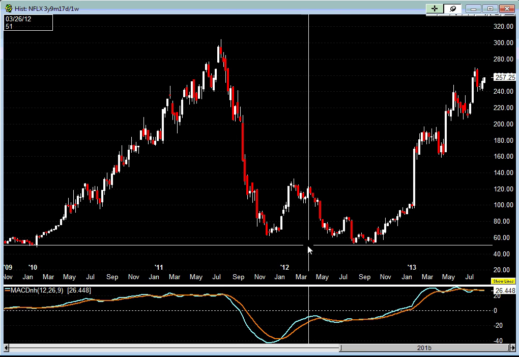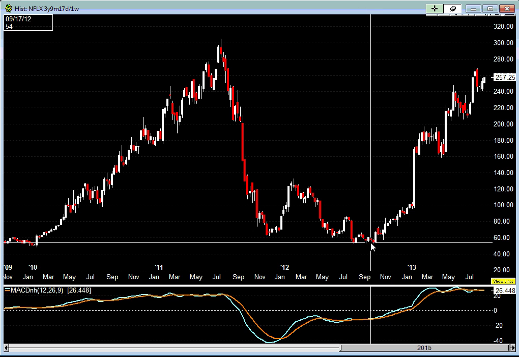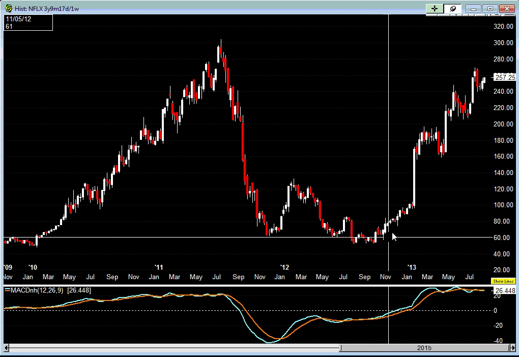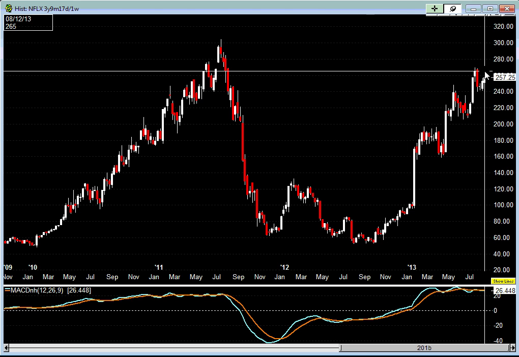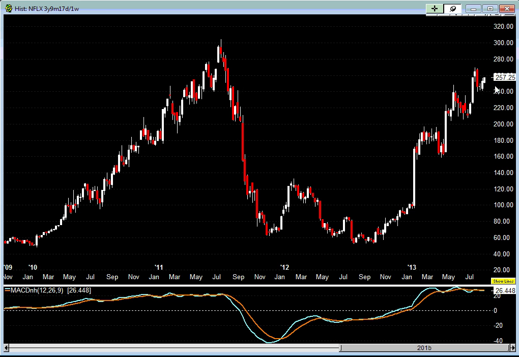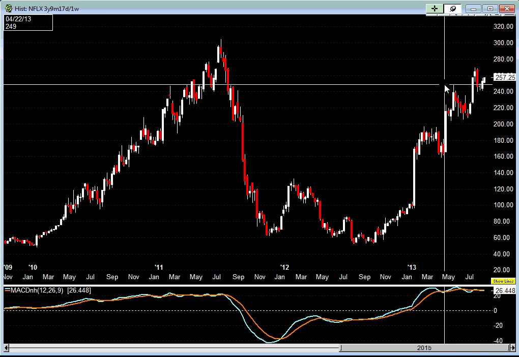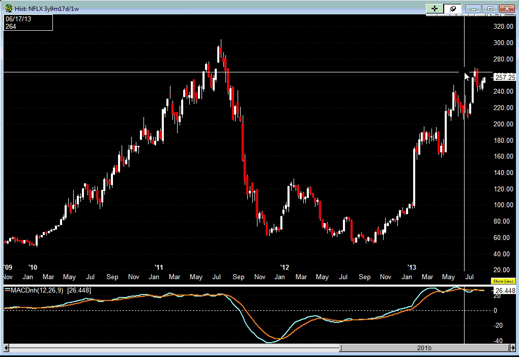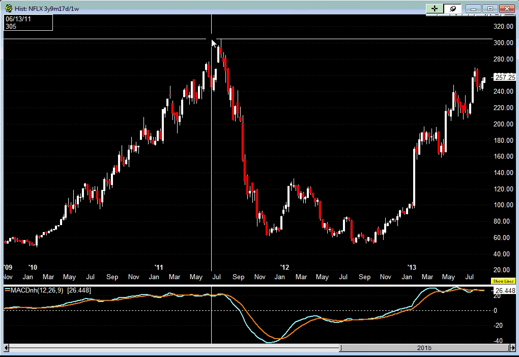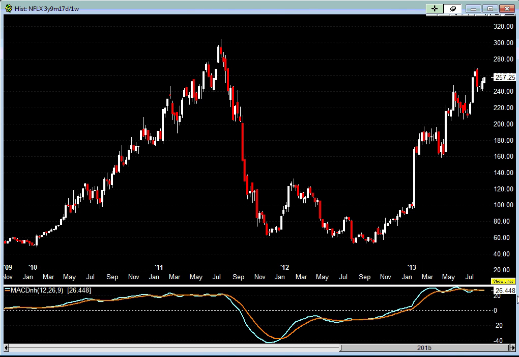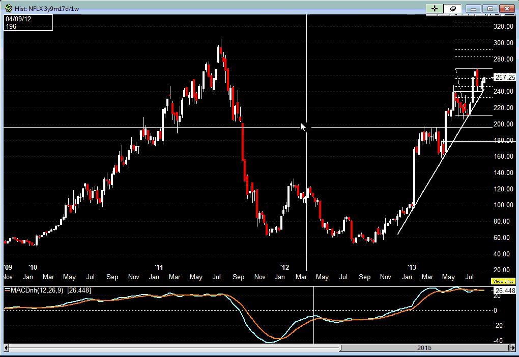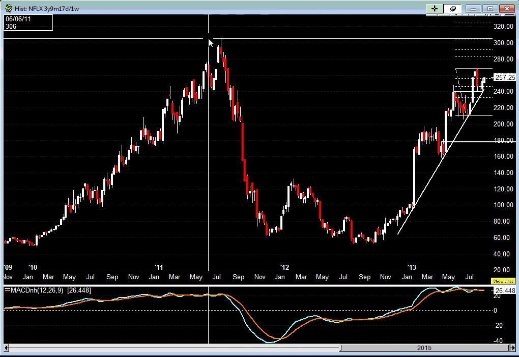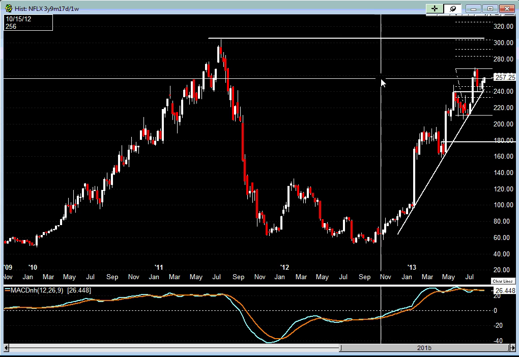Ever since it made a low back in 2012, it came up and continued to defy all the short sellers and just squeeze them as it goes up. And right now it seems like it's setting up another short squeeze here. I wouldn't be surprised to see that Netflix will come up and hit those levels, so this 305 up here.